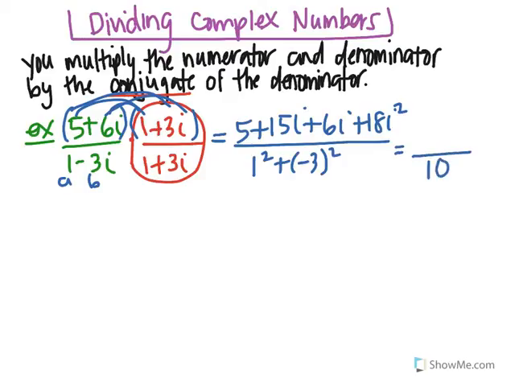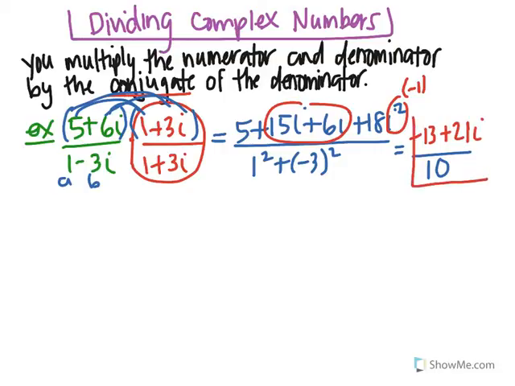The numerator, I can go ahead and simplify. I'm going to go ahead and replace i squared with -1. So I end up getting 5 minus 18, so I end up getting -13, and then I can go ahead and add these two right here to get plus 21i.